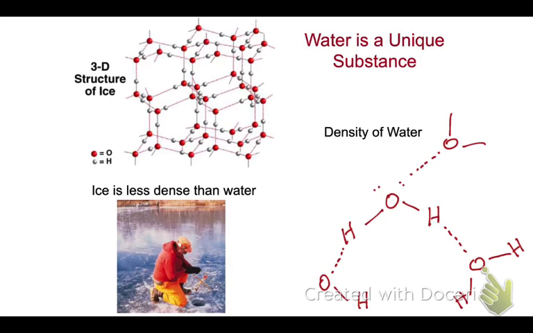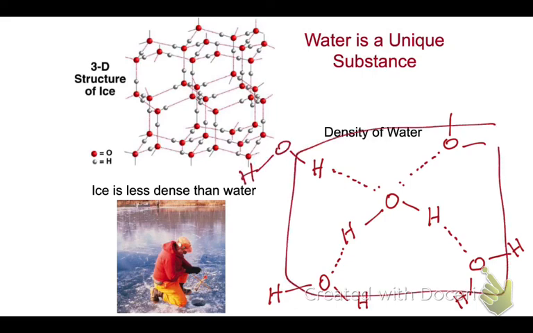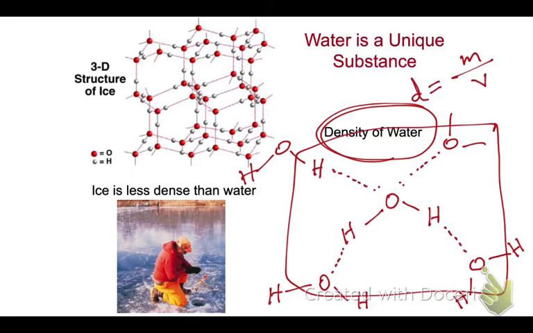While in liquid, they move too fast, so they don't allow for this separation. Now that big separation will make fewer molecules per volume, and density is mass over volume, right? That means I will have less mass in a volume, and that's why ice is less dense than liquid water.